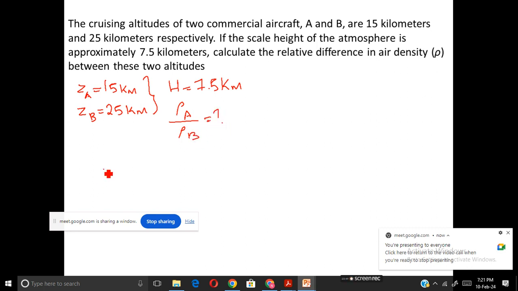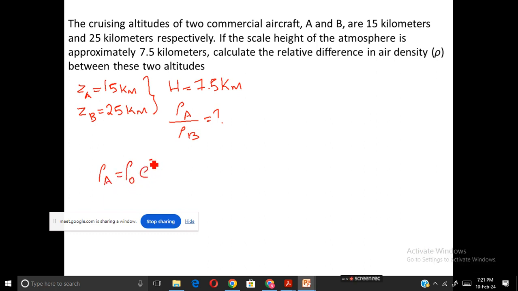So rho A will be equal to rho 0 e raised to minus 15 by H, right? And rho B will be equal to rho 0 e raised to minus 25 by H, right?